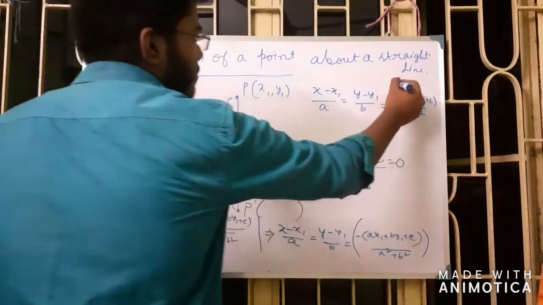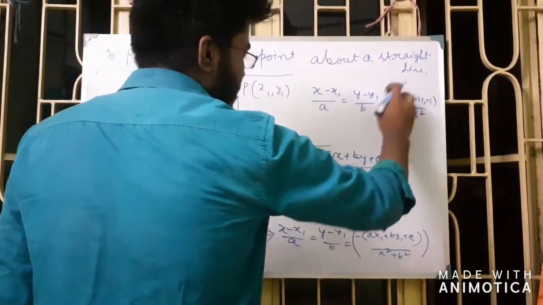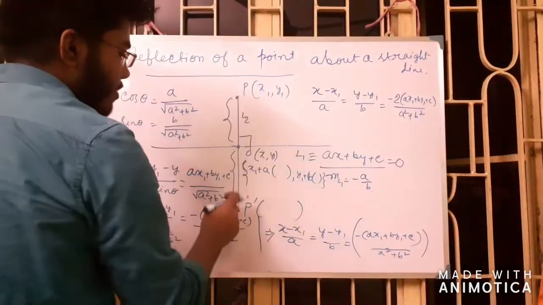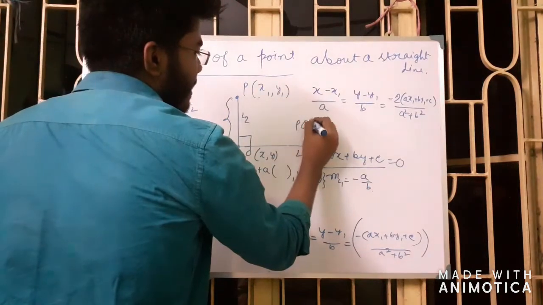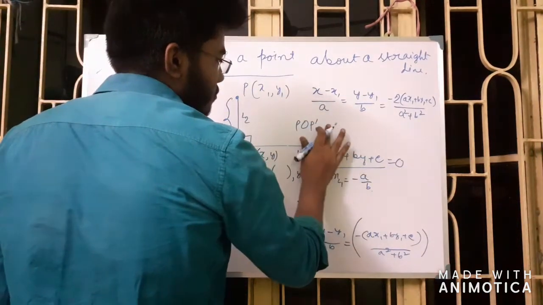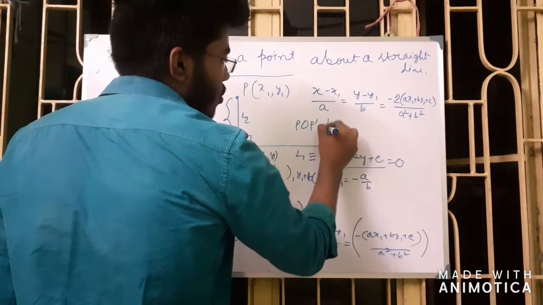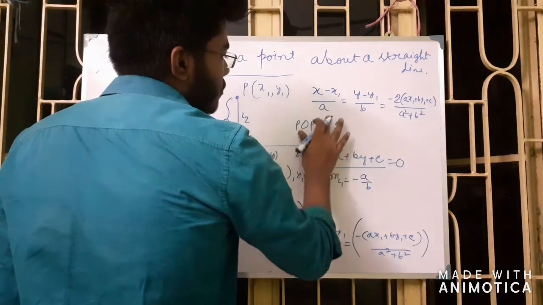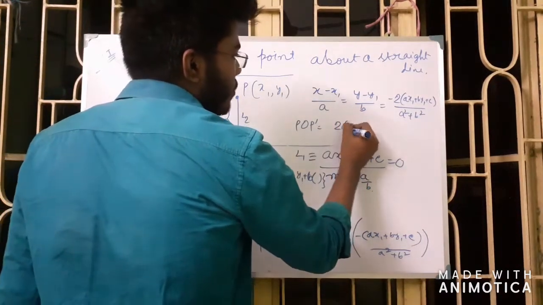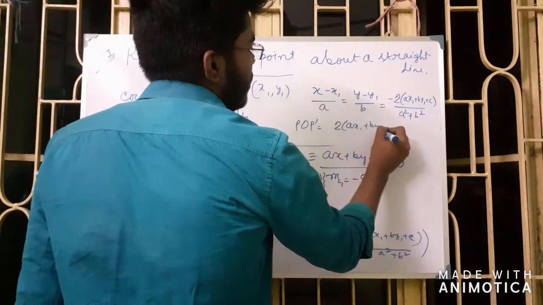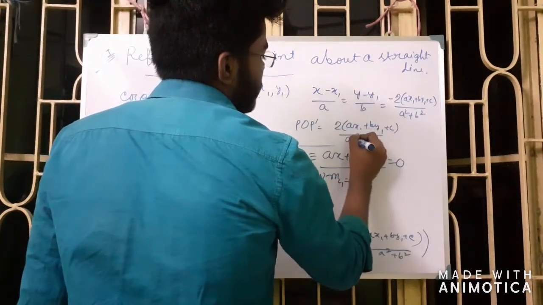This is the total distance P to P'. PP' equals, don't write minus, the modulus of it, that means 2 into (ax1 + by1 + c) upon a square plus b square.